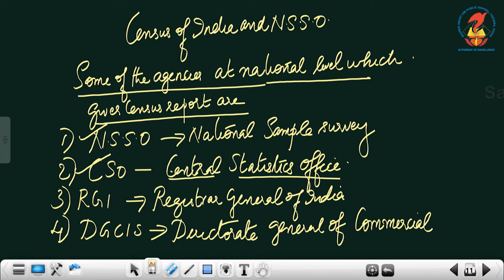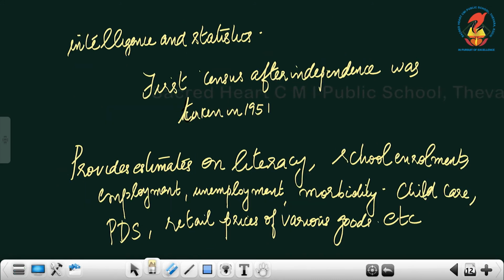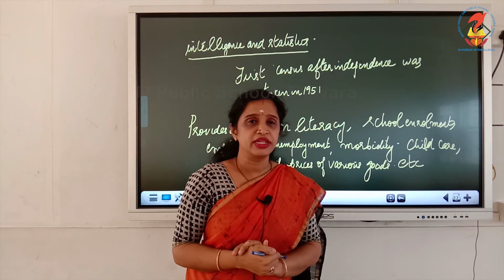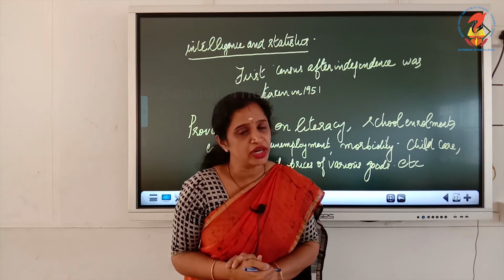Central Statistics Office. The third agency is RGI, that is Registrar General of India. Next one, DGCIS, Directorate General of Commercial Intelligence and Statistics. So these are the main bodies which collect the census to study about the population of our country.